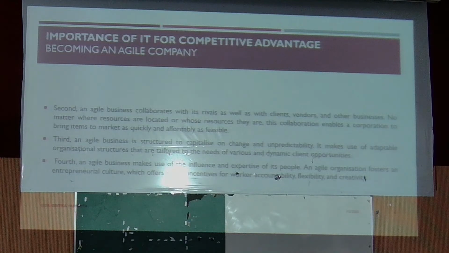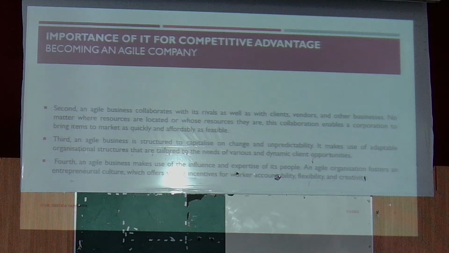So I must be adaptable enough to changing market situations. In general, every agile business must be adaptable to the changing market conditions, to the changing environment, to the change in customer requirements, and to unpredictability.